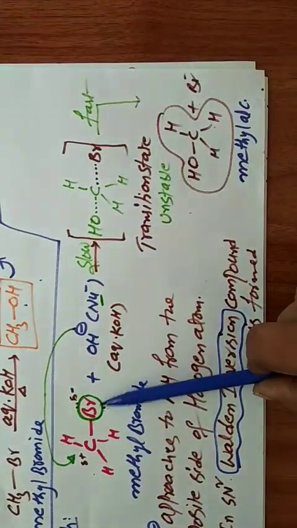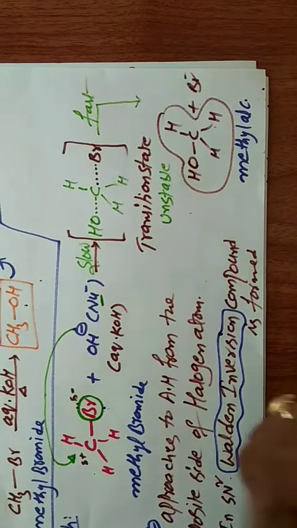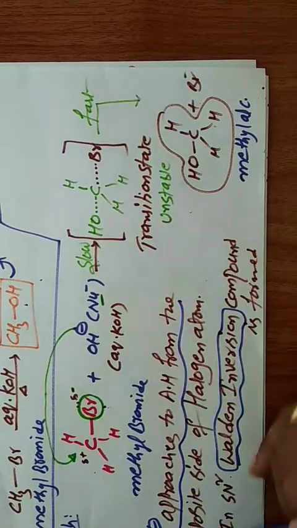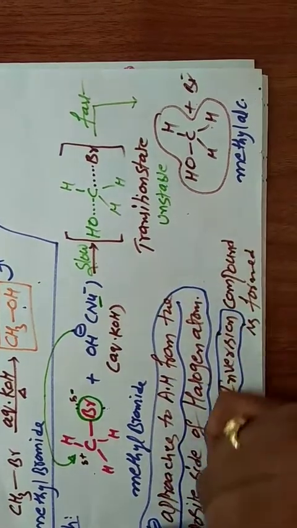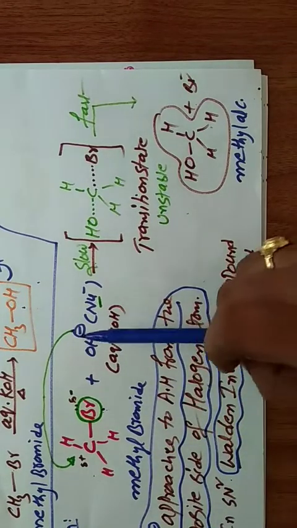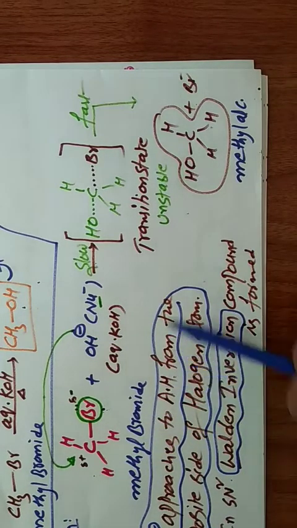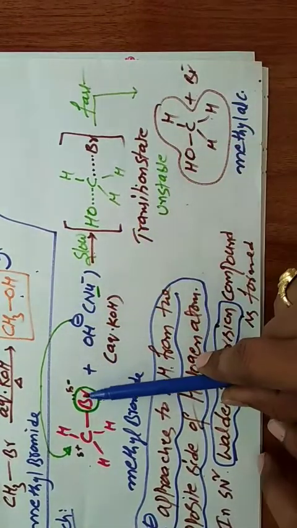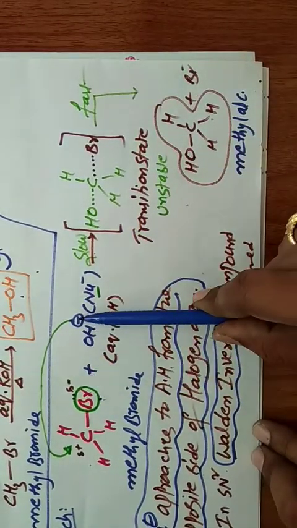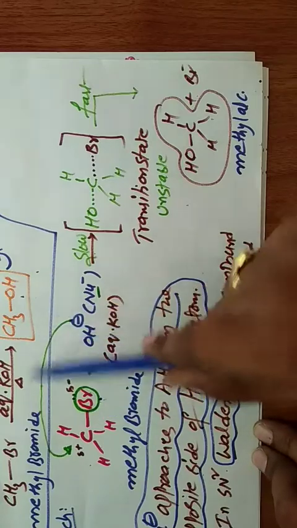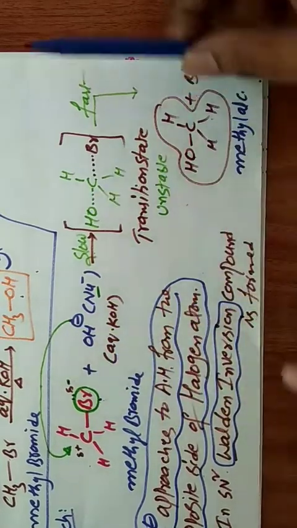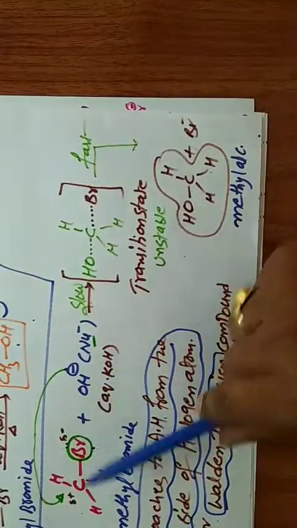Bromine, OH group, here is an important point. The nucleophile approaches the alkyl halide from the opposite side of the halogen atom. Reason? Halogen atom is negative, nucleophile is negative, repulsions are present. That's why opposite side attack. Whenever there is opposite side attack, we get the transition state.